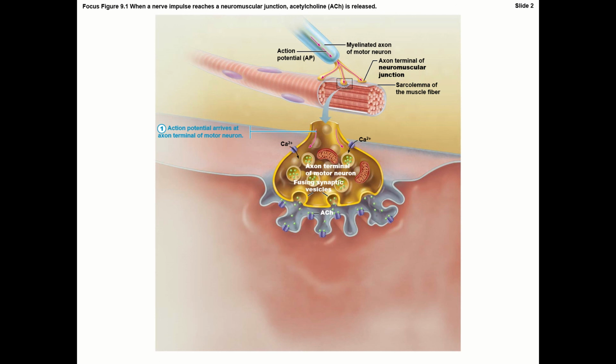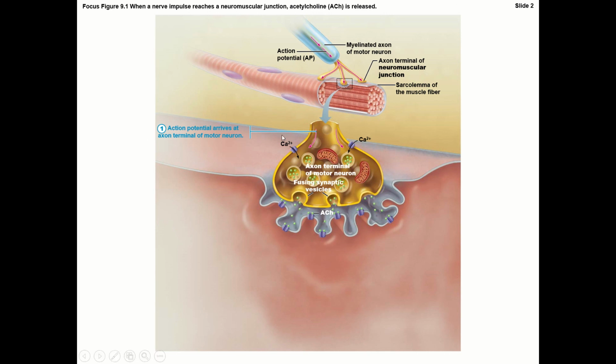Those are the other types of channels that I mentioned. Those are your chemically gated channels. So a chemically gated channel opens in response to receiving a chemical. In this case, the chemical is acetylcholine. So when acetylcholine binds to this little chemically gated channel, it's going to open up. This chemically gated channel is a sodium channel.